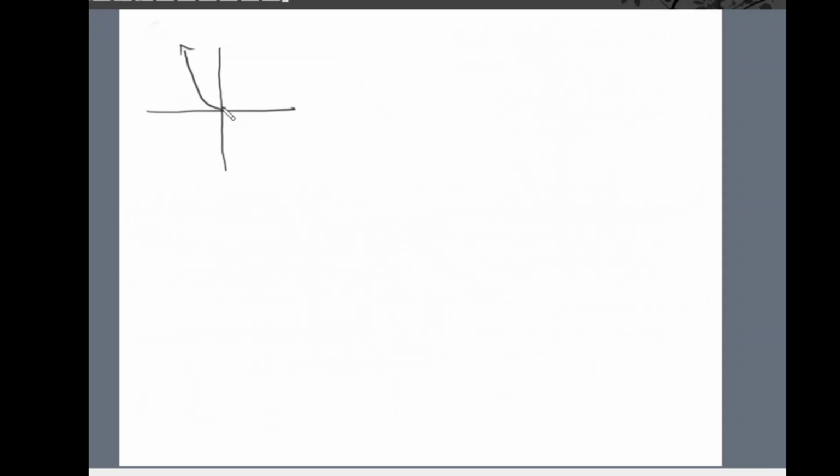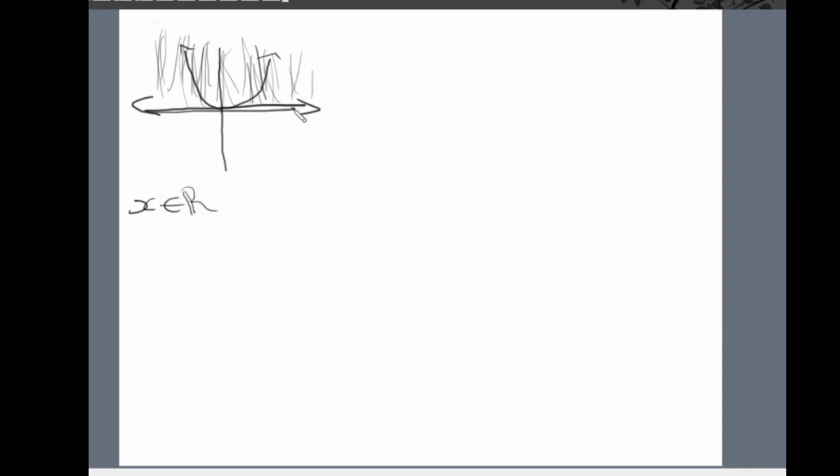Notice that this graph, because it goes on to positive infinity, exists for all values of x, right? If you draw multiple vertical lines, they will intersect the graph at some point. So it means the domain is the entire x-axis. That's why x is an element of the real numbers is our domain, right?